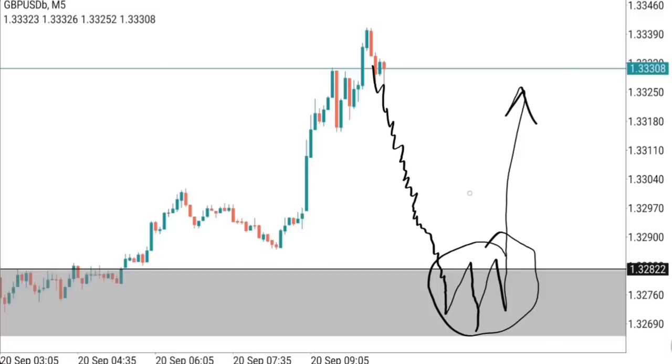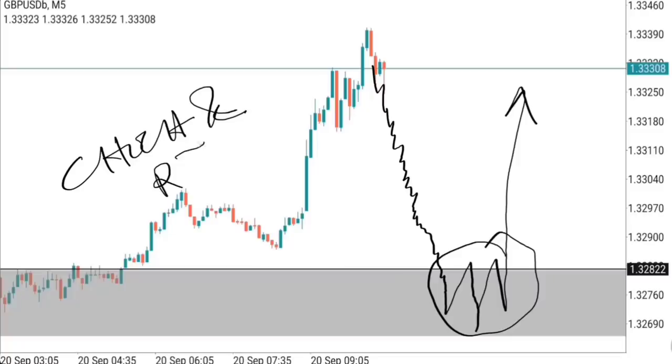But here, as a smart money trader, we just use change of character, and your return to order block or return to FVG.